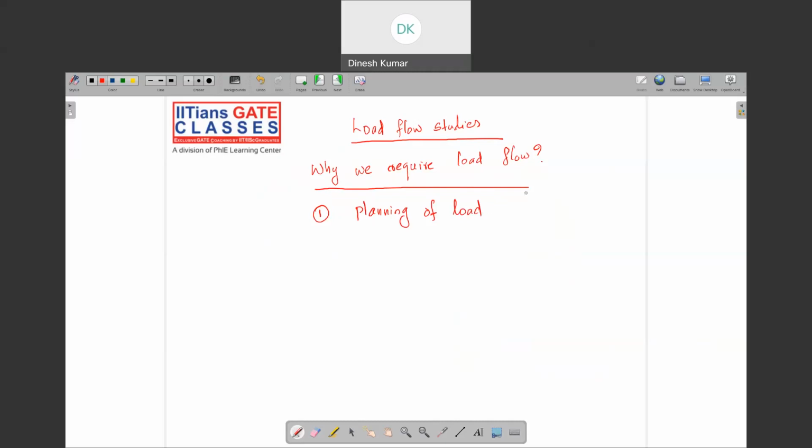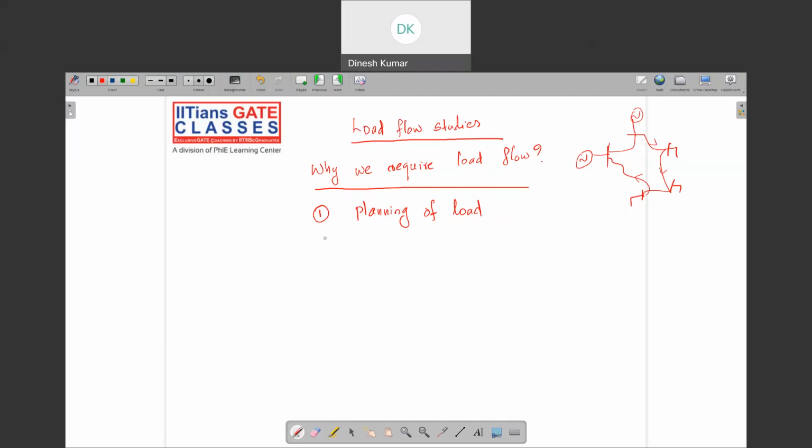Assume that there are some places where we need power, and there is a generator here, and some places we have another generator. So everything will be interconnected, right? So we have to find how much power is being drawn here, how much power is coming here. We have to find all the voltages at each particular bus and everything. So we have to plan the system, right? The system has to be planned so that it helps in flowing the power from one point to another.